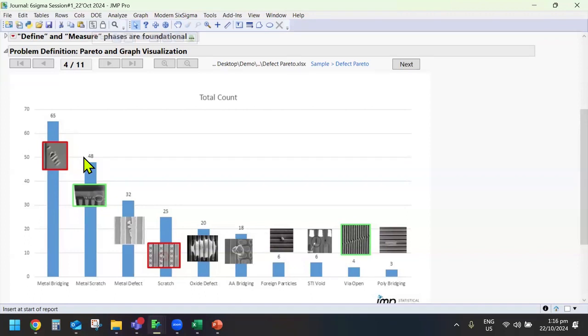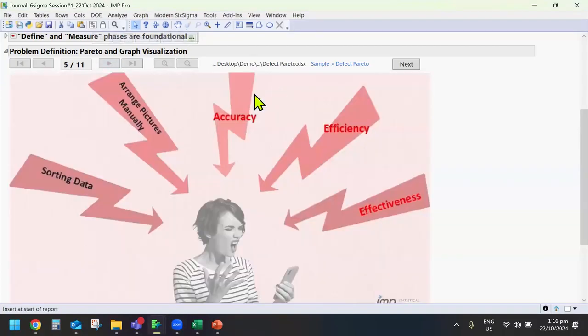Who can guarantee you cannot make a mistake during so much copy and paste, given the difficulty of using Excel? I need to sort my data, I need to rearrange the pictures manually, I need to copy the pictures to make my Pareto chart look much more informative. But what about the accuracy, efficiency, effectiveness? None of them.